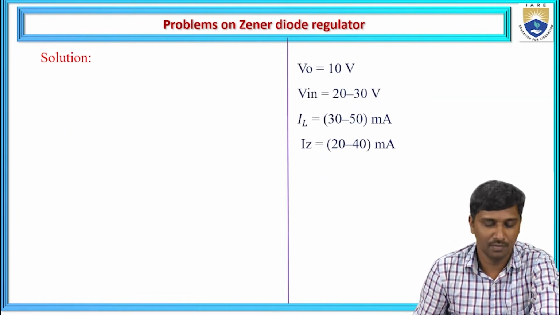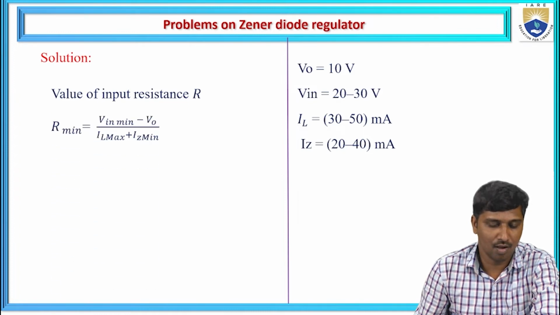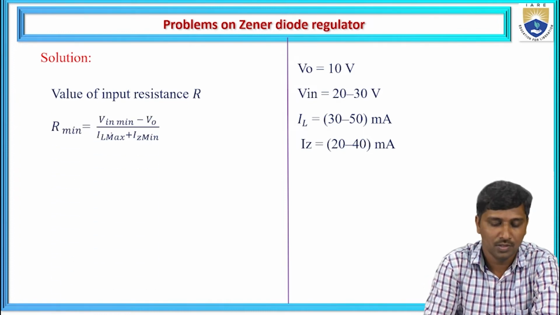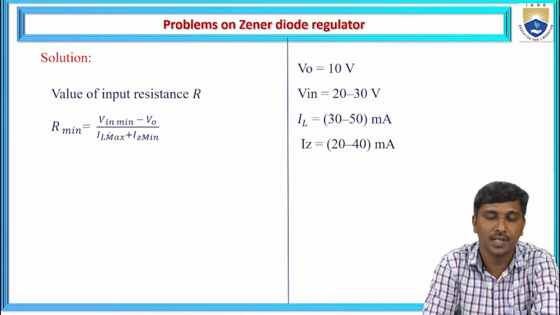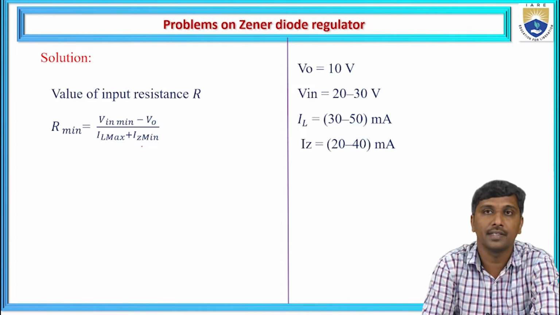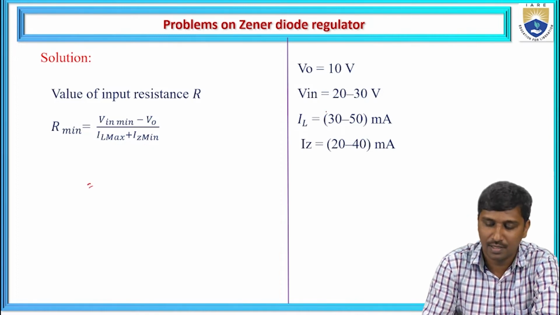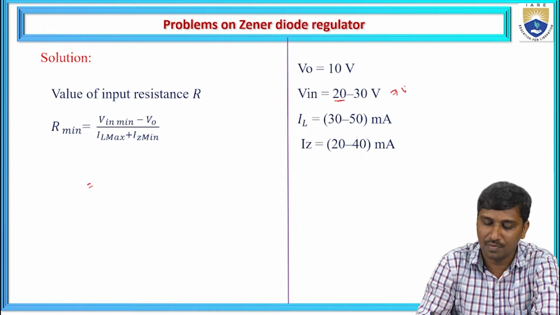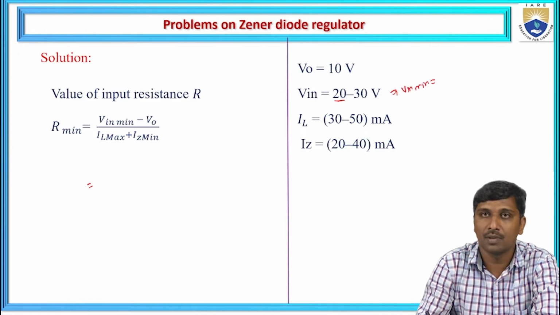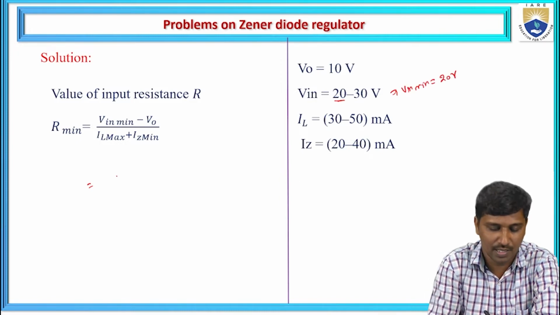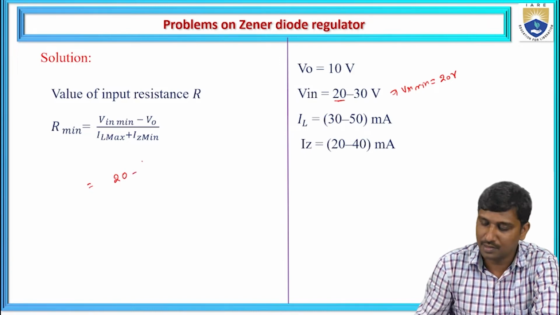Similarly, we need to calculate the R minimum value. To calculate this R minimum, we need to consider the Vin minimum along with the load current maximum and the Zener current minimum. The Vin minimum value is 20 volts.